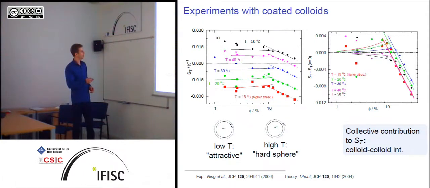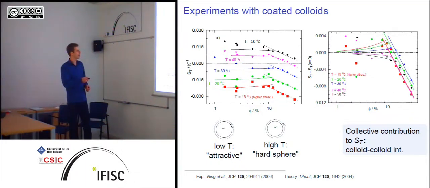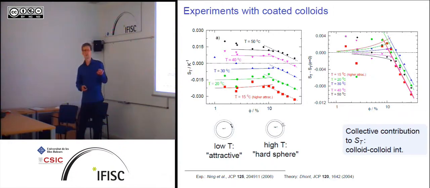But what you observe in this region is that the average temperature of your solution has an important effect on which direction the particles will drift. So basically at low temperatures the particles drift to the hot side of the system.